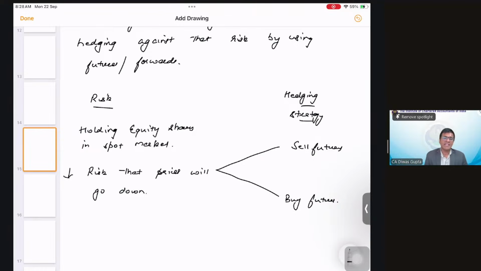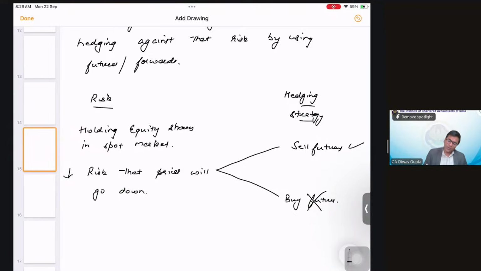Now, what should I do in the futures market to make sure that I gain if the prices go down? Very good, Mamta. We will sell the futures. I'm just emphasizing on this so that the building blocks in your mind are clear right from day one.